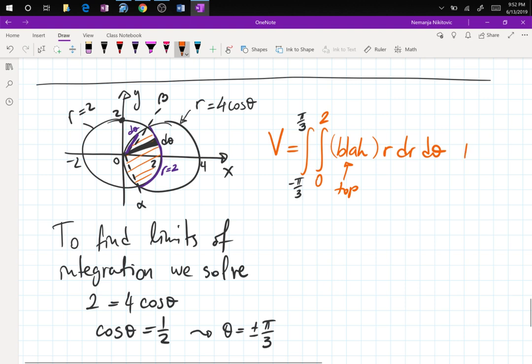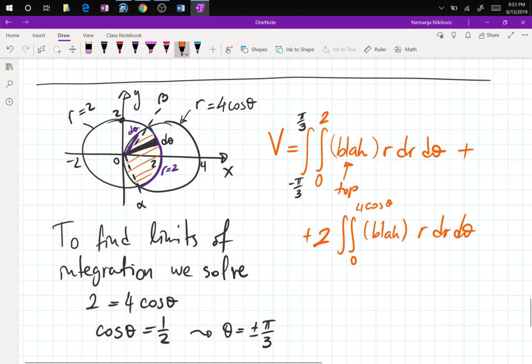So we're going to add another double integral of the same function, r dr d theta, and this one is going to be 0 to 4 cosine theta, and we need to double it because there are 2 of those regions.